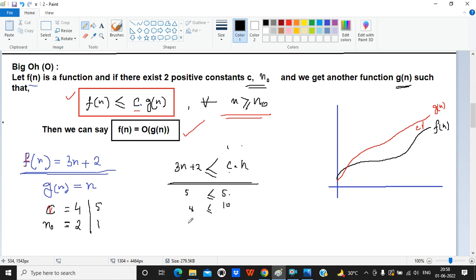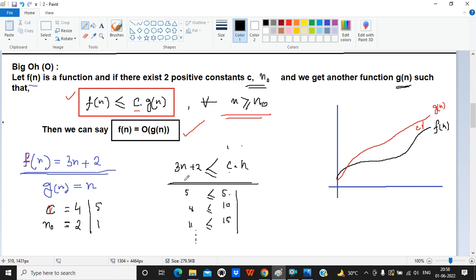It is true. For n equal to 3, it will be 15, and 3 into 3 plus 2 is 11. It will be true. And it will be the same for c equal to 4 and n0 equal to 2 also.